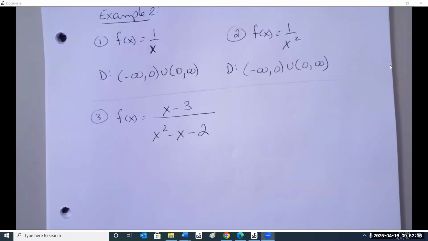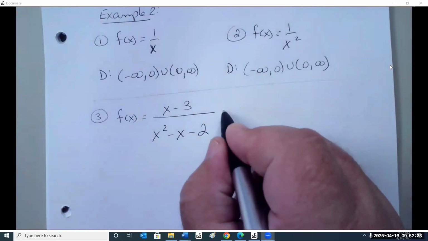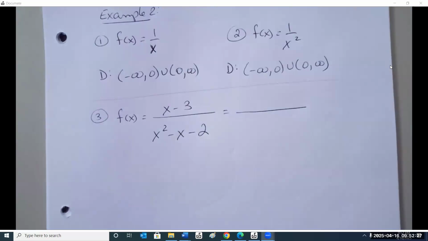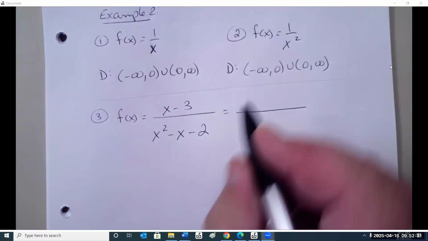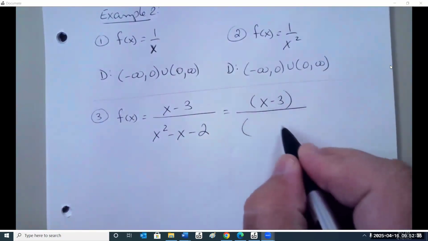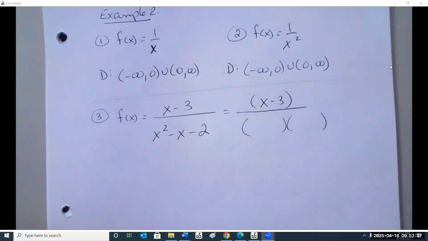What's the first thing you do? What kind of equation is at the bottom? It's quadratic. So first thing you want to do, whenever you have a polynomial higher order degree than one, factor them. The top is already factored. What does the bottom become?